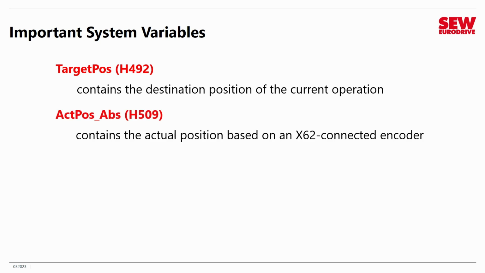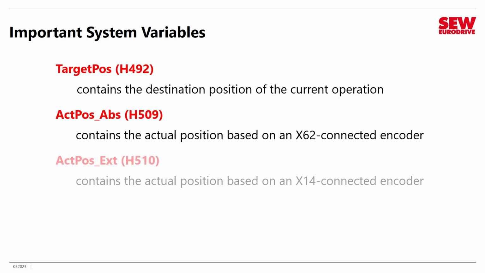ACT-POS ABS, which is H509, will give you the position based on an encoder that's connected to the X62 connector. That's only found on certain encoder cards. So if you've got an external encoder connected up there, you can read its position with this system variable. If you have an encoder connected to the X14 connector on an encoder card, its position is in ACT-POS Ext.